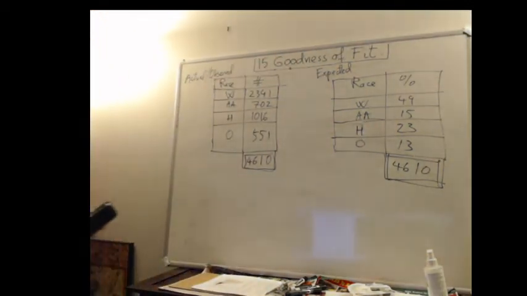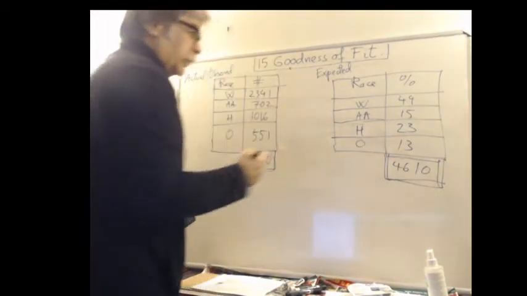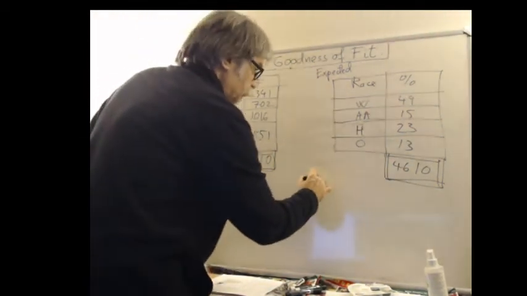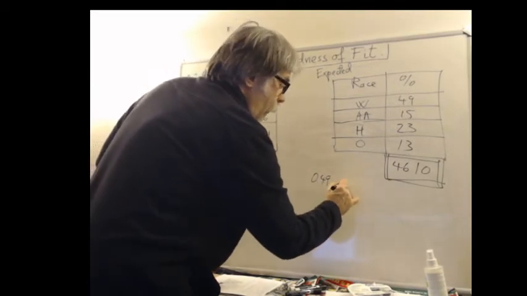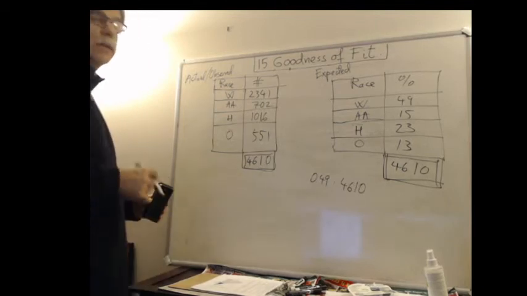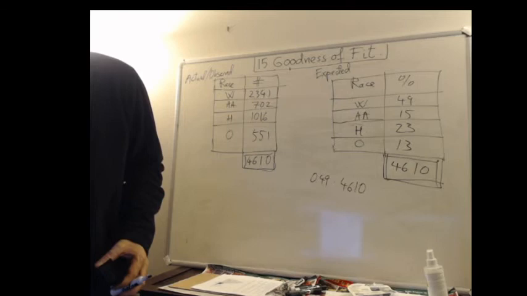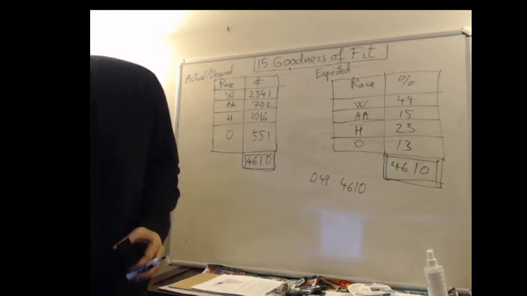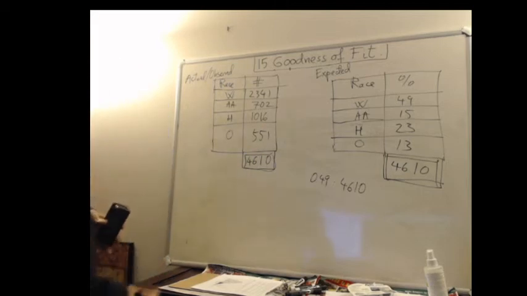Now you do need to get 4,610 here also. And what should you expect? 49% of 4,610. So I have to multiply that to find the expected number. And I come up with 2,258.9.